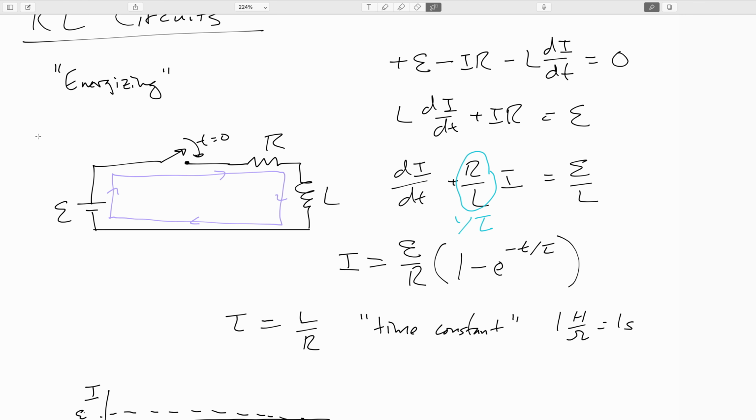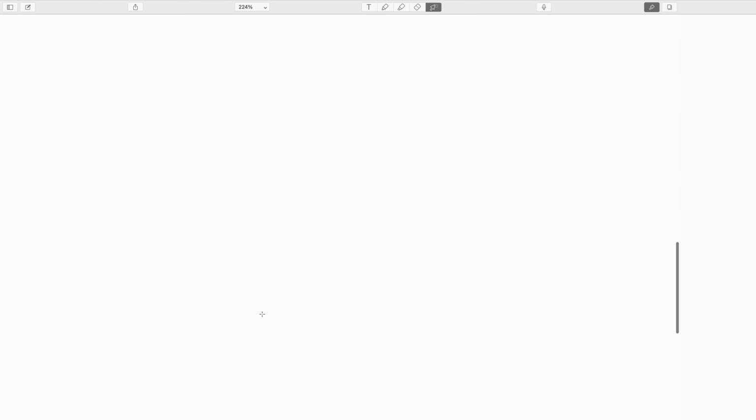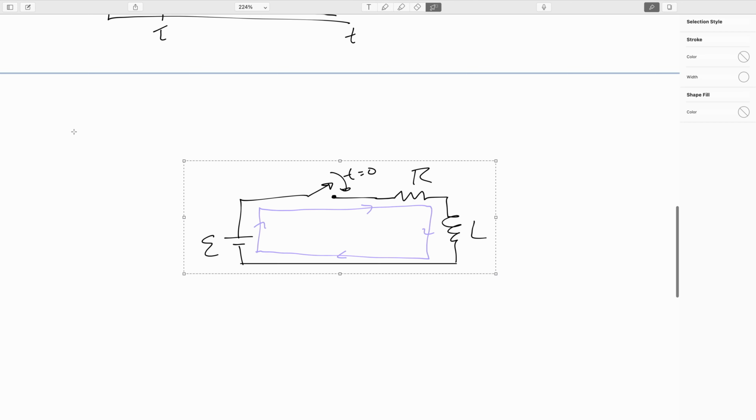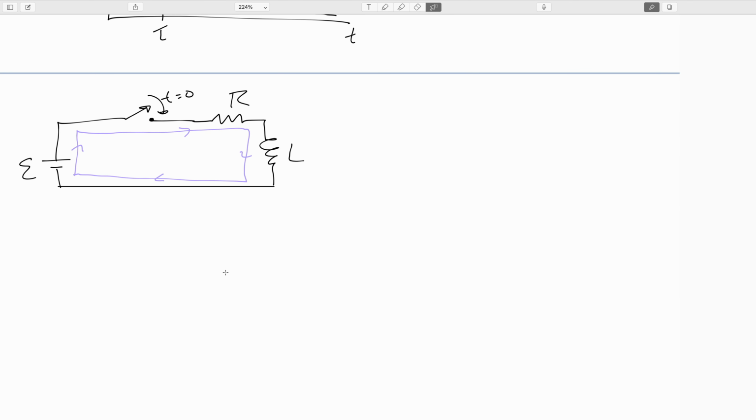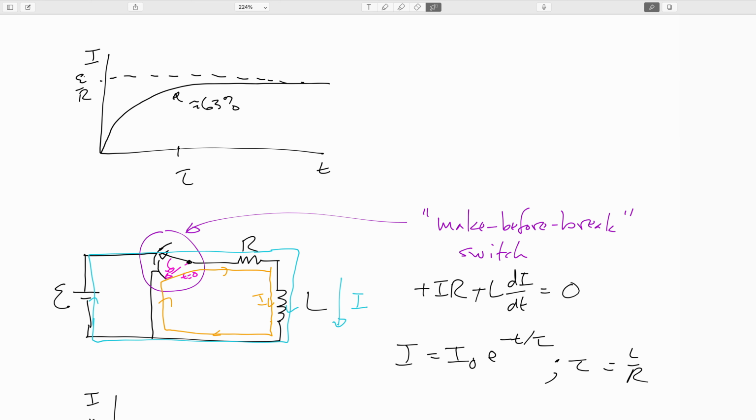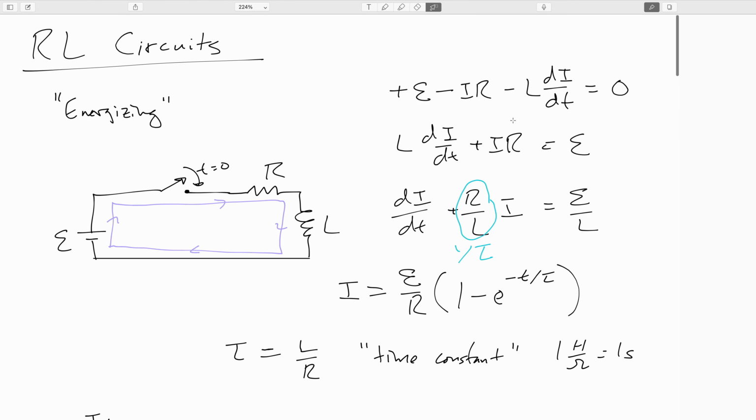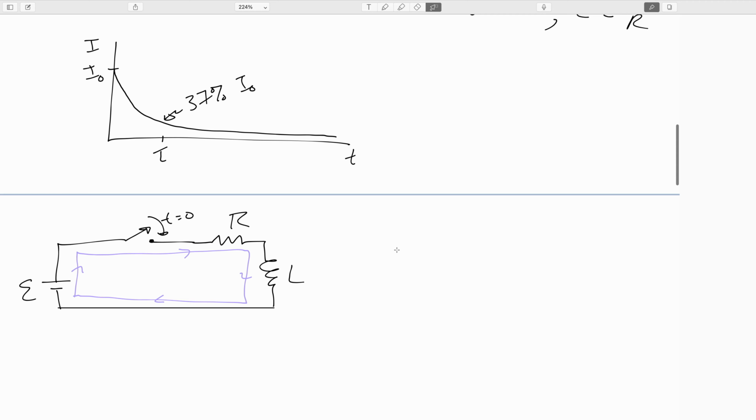So we can have a point of discussion, let me copy the picture and put it here, and then we will also copy out our Kirchhoff loop rule that we had before and put it here.